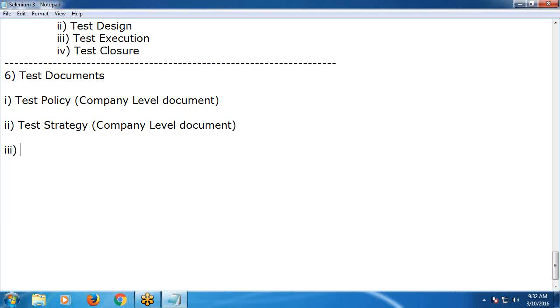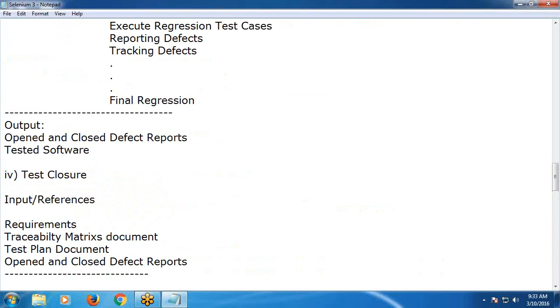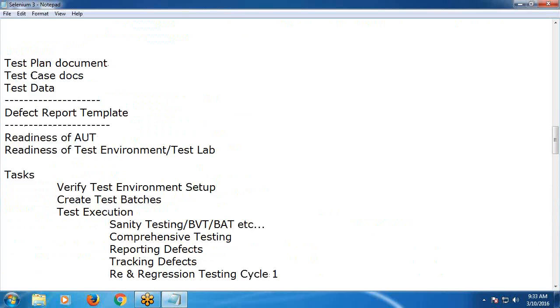Next, test plan. Is the test plan company level or project level? Project level, sir. Project level. Next, the requirements traceability matrix.